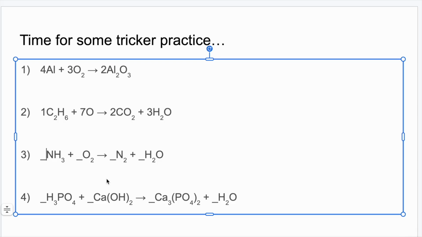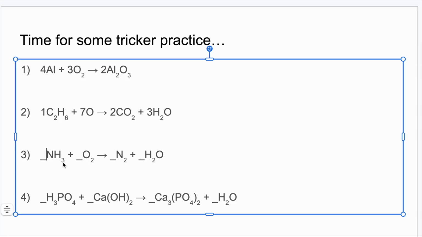Okay, so number 3. I see that I have hydrogen and oxygen. So thinking back to that tip, I'm gonna do them in that order, hydrogen and oxygen. To start off with hydrogen, I'm gonna look over here. I'm gonna start with this hydrogen instead of this one because it's an odd subscript.